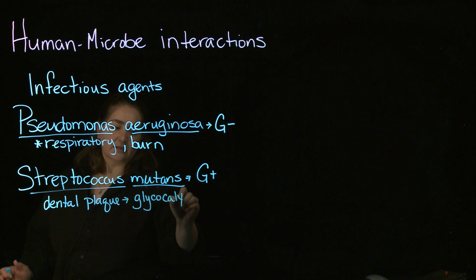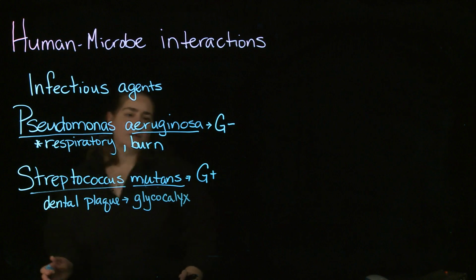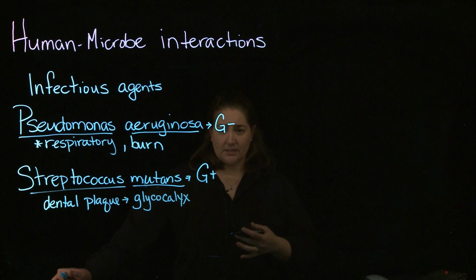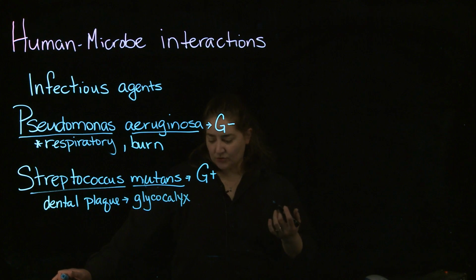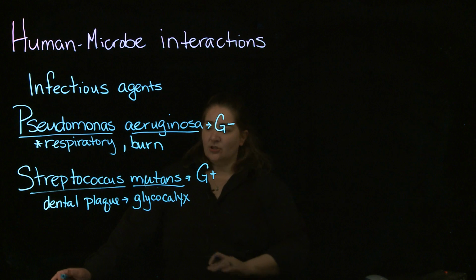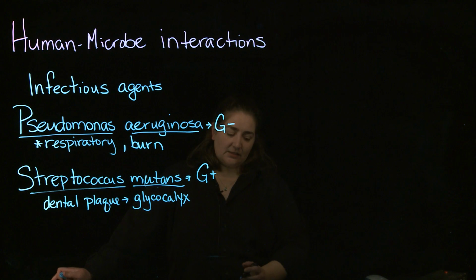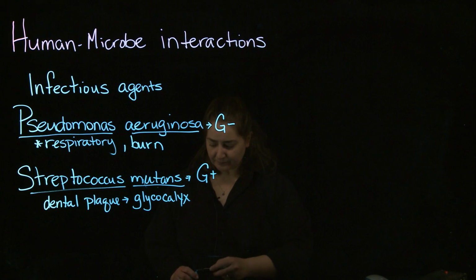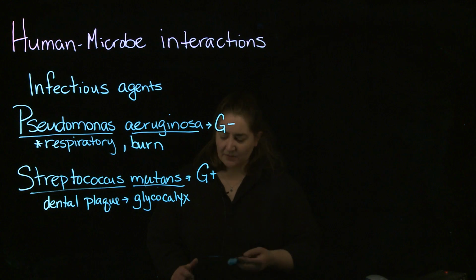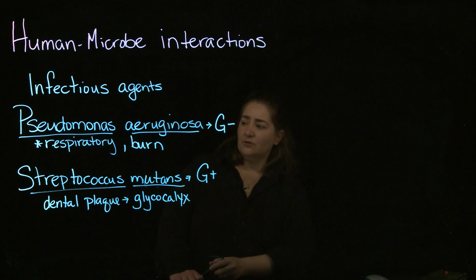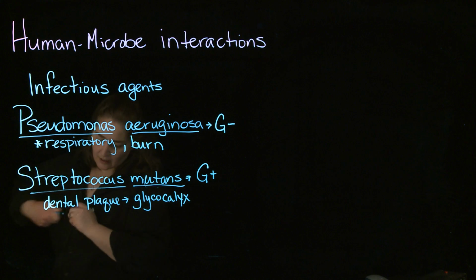The glycocalyx is going to be responsible for allowing that bacteria to sit down and attach on the tooth surface. That sugar that's released kind of acts like a glue. So that's Streptococcus mutans.